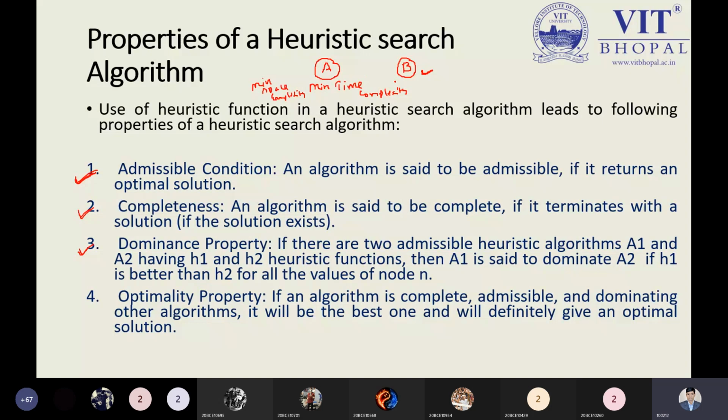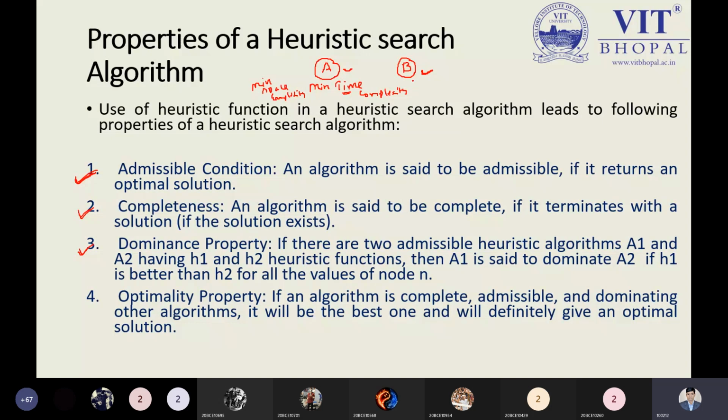The same thing applies here: the student who has the heuristic function, the solution, the idea, the algorithm, will be better than B. B also has a solution, but in terms of some parameters, time complexity and space complexity, A provides the minimum time and the minimum space, so we can utilize this code to solve our problem rather than B's. That is the point.